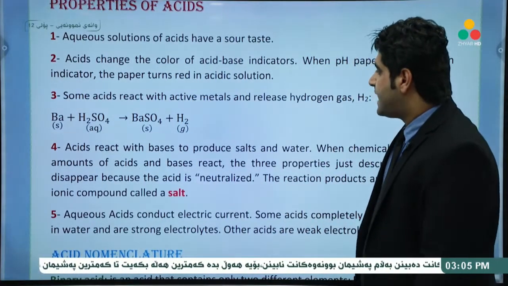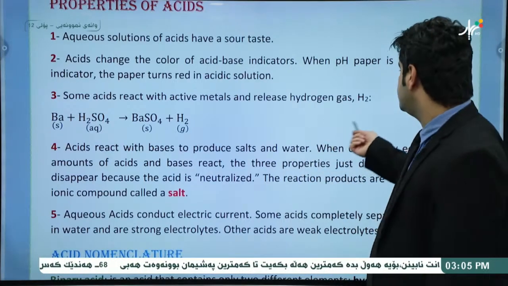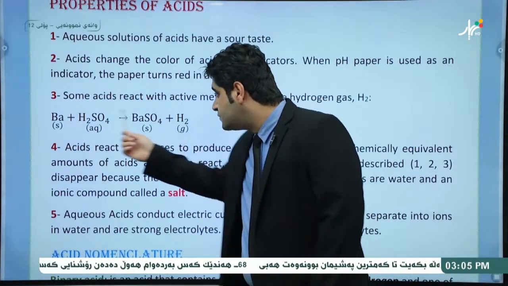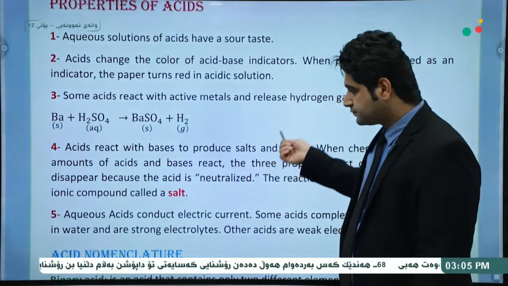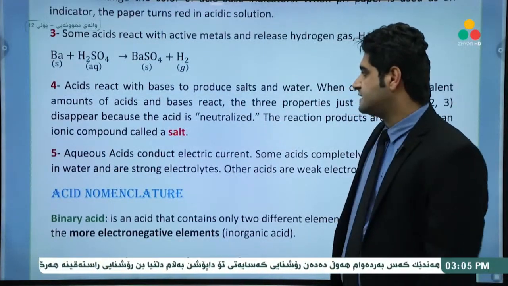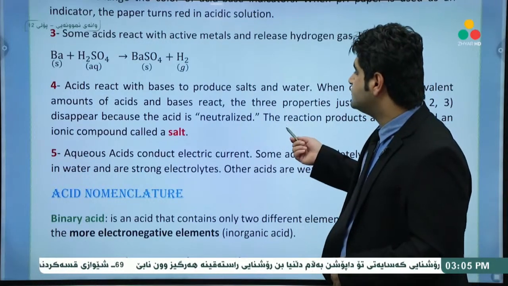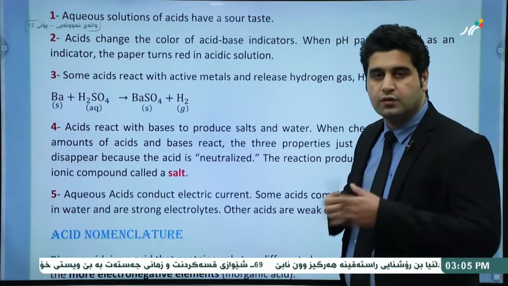Some acids react with active metals to release hydrogen gas, plus salt. This is important, we will study it by the end of this chapter. Of course, an acid can react with a base to produce salt and water, but when they react with the base, these properties will be absent.